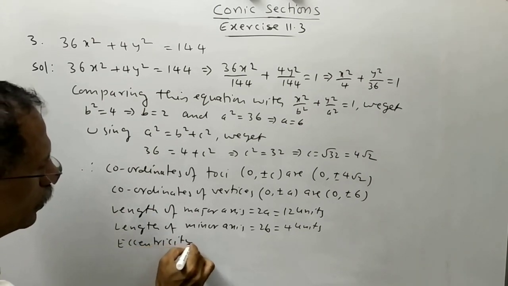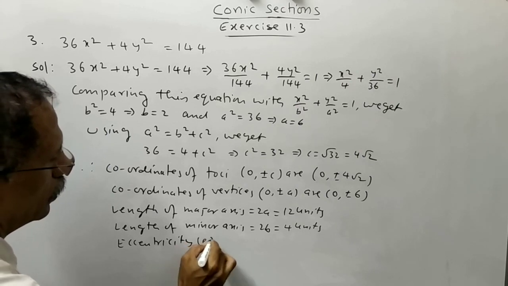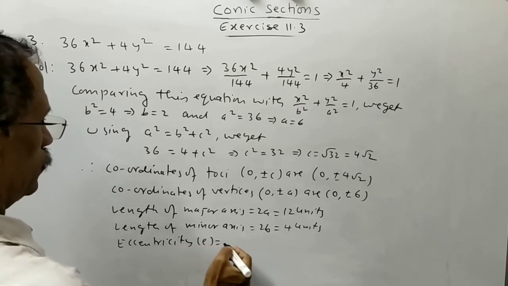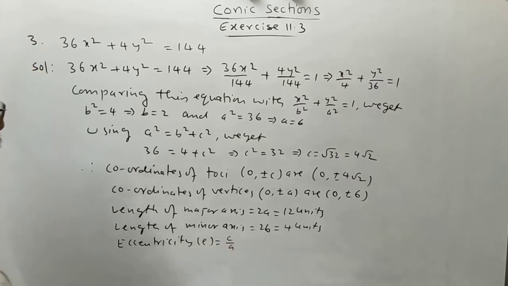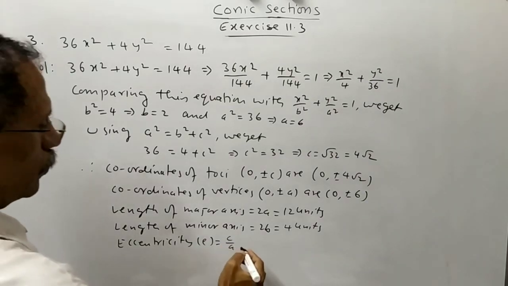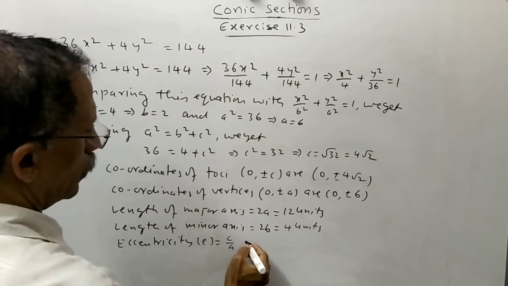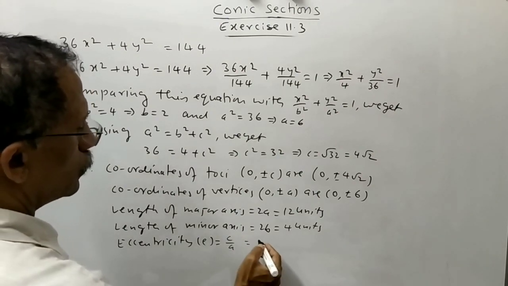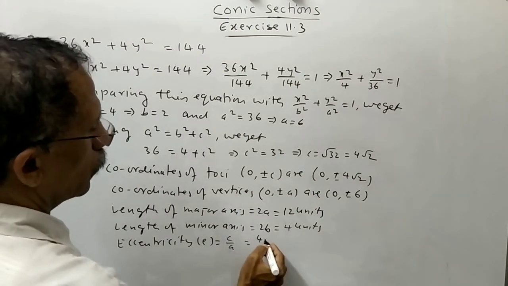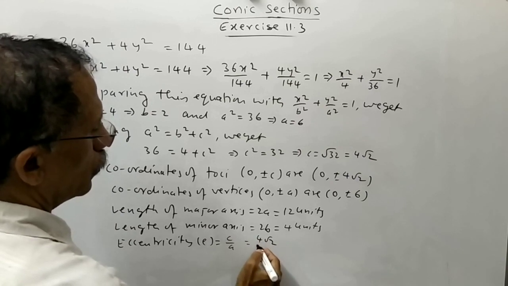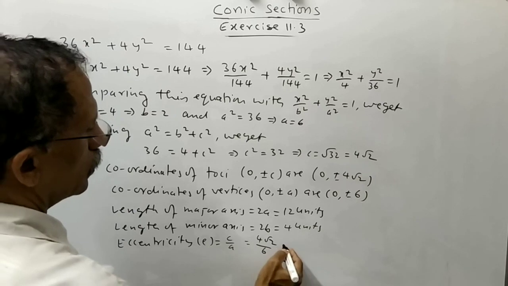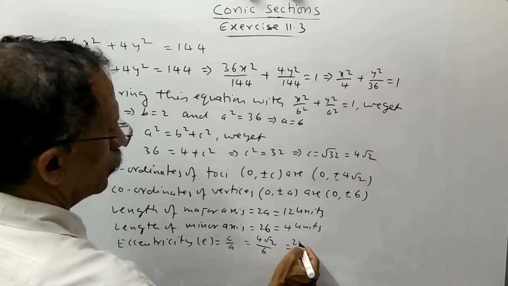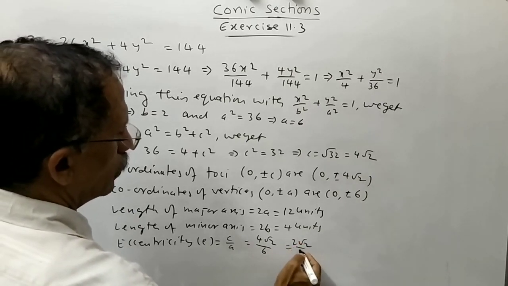Eccentricity e is equal to c by a is equal to 4 root 2 divided by 6 is equal to 2 root 2 divided by 3.